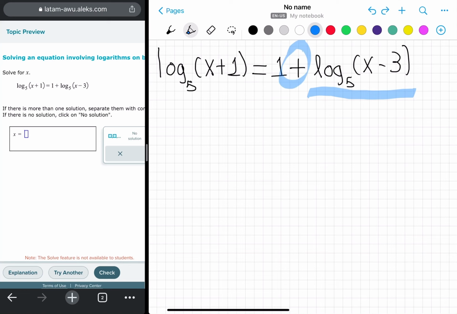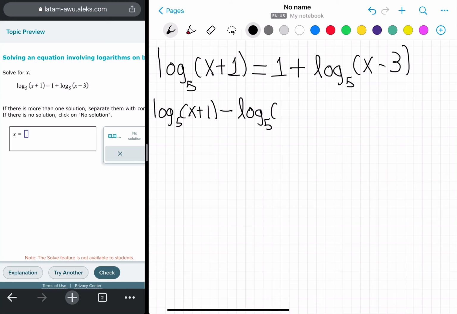If I have it here adding up, I will have it here subtracting. So let us do that. I have a logarithm base 5 of x plus 1 minus logarithm 5 of x minus 3. That is equal to 1. Here I have a 1.